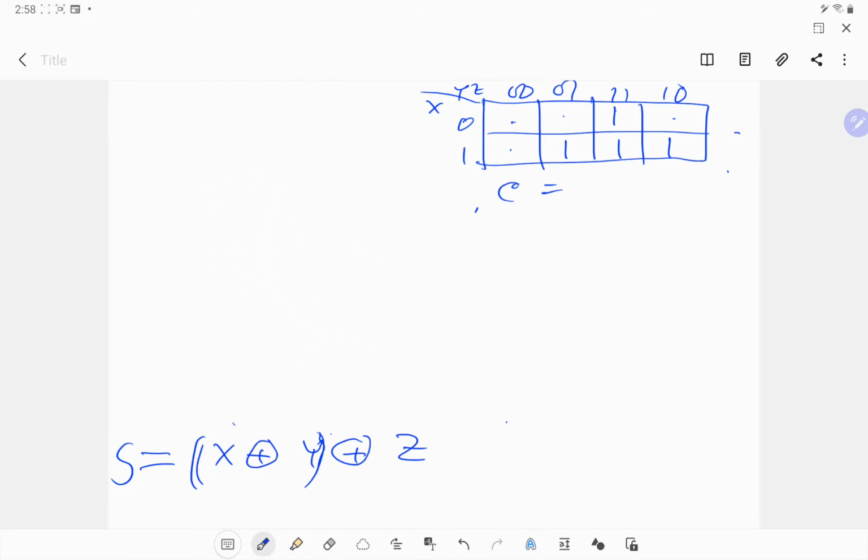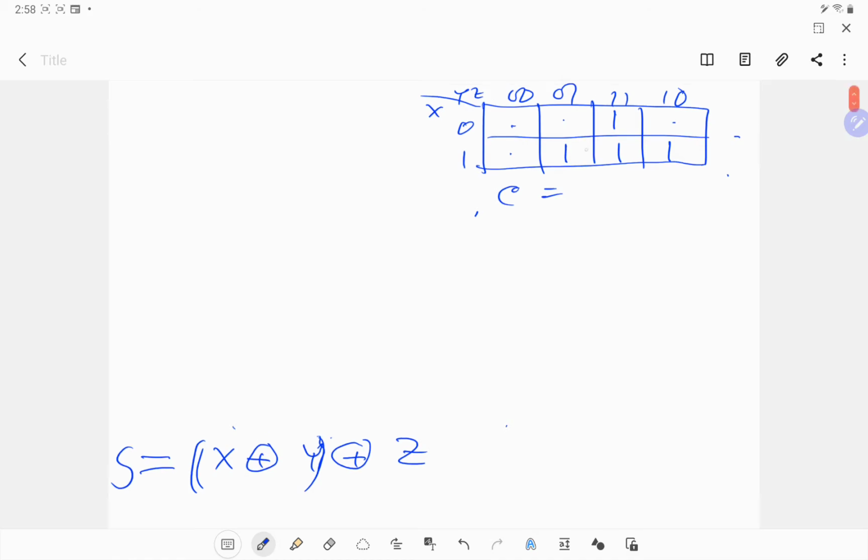Now we need to find the equation for C. So let's consider these two ones, and these two ones will give us xz, and those two ones will give us xy, and those two ones will give us yz.